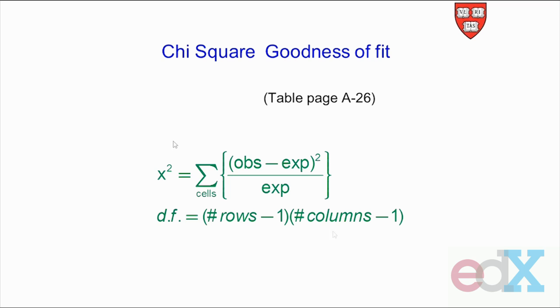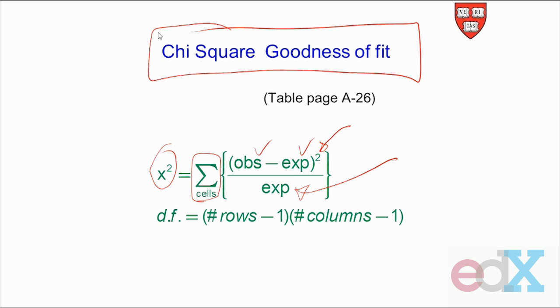It's called the chi-squared statistic. It's going to take the sum over all the cells of the observed minus the expected, squared, so that they don't sum up to 0, divided by the expected. There it is. This thing is called the chi-squared goodness of fit test.